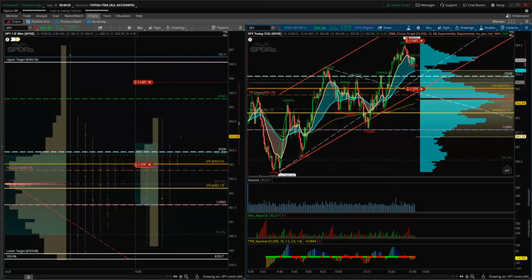Yeah, volume does seem to be drying up here. Not facilitating trade quite as well. Does seem that we're going to be gearing up for a rotation back down to the previous zone or for a new break.